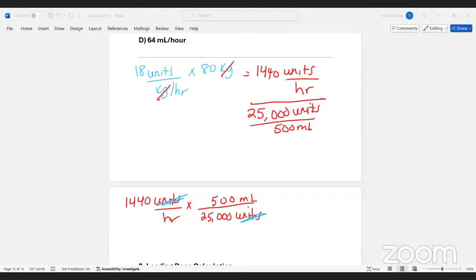So 1,440 times 500 divided by 25,000, and you get 28.8 milliliters per hour.